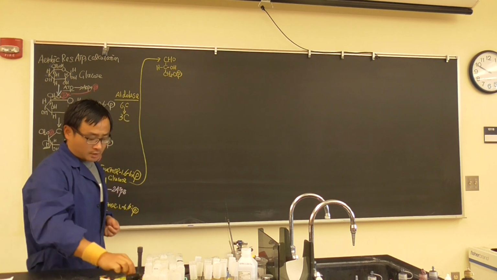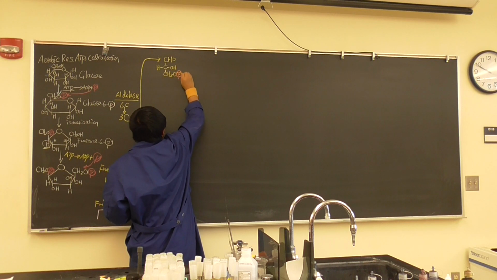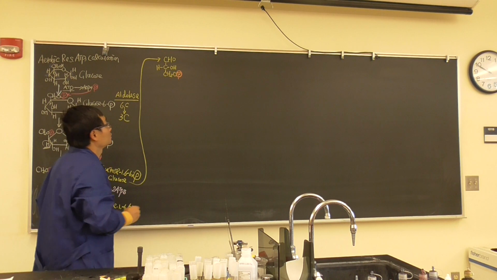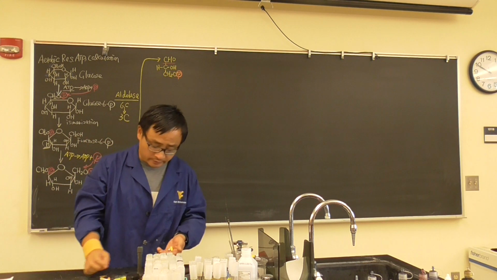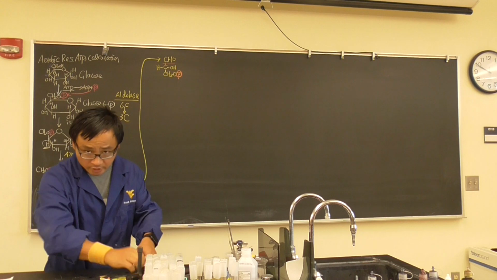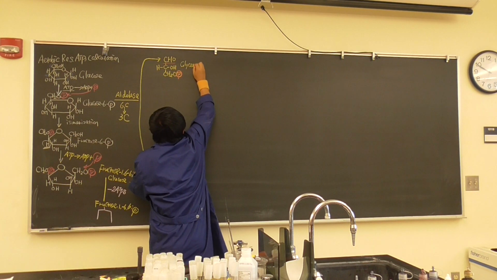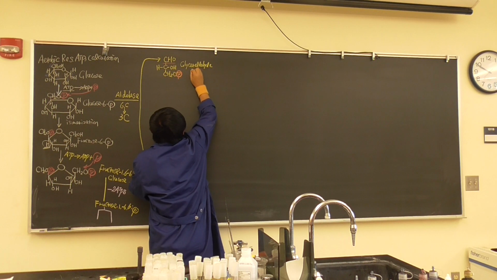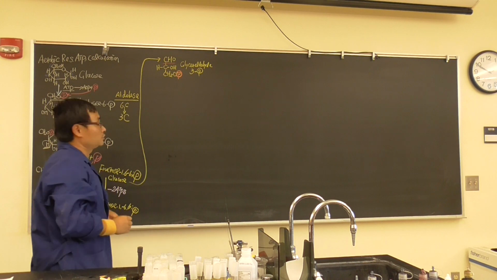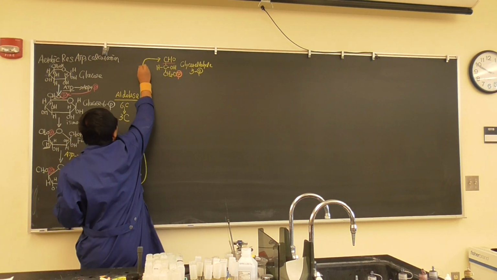Okay? Every time there's a phosphate here, I'll just use a red one. So what is this? You see CHO, that is aldehyde. Glyceraldehyde 3-phosphate. So this is glyceraldehyde 3-phosphate.